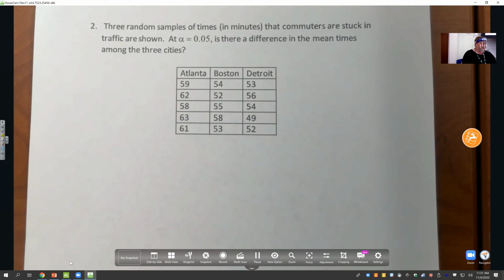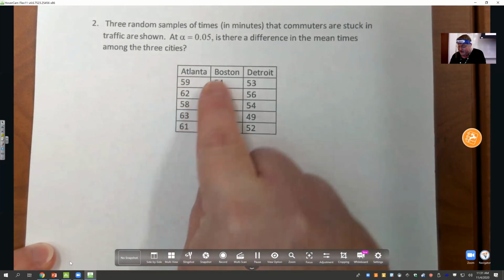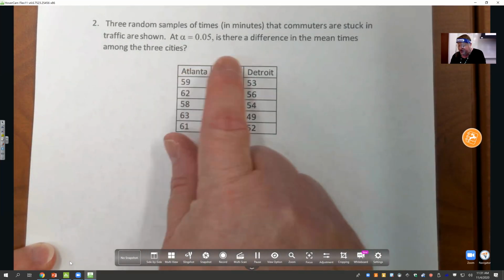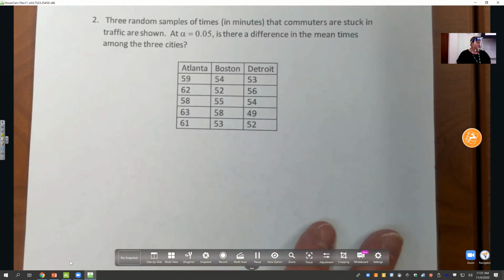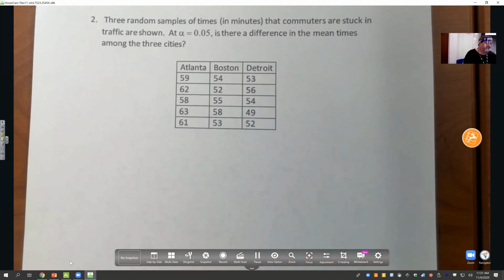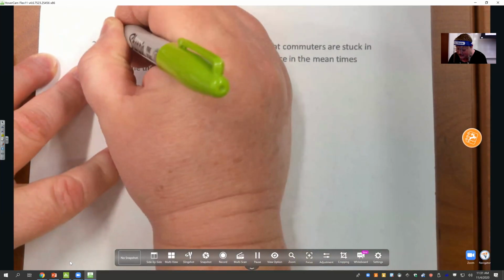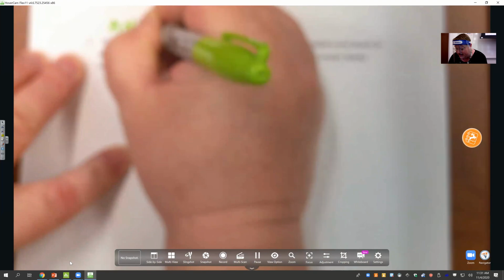Okay? So we've collected our data. And again, typically with ANOVA, it'll be presented in a table form. Again, remember, you're going to have numbers sorted into groups. So I have my times, and they're sorted into groups. And in this case, my groups are the cities. So even before we begin or do anything else, it may be that you can recognize, oh, this is going to be an ANOVA.